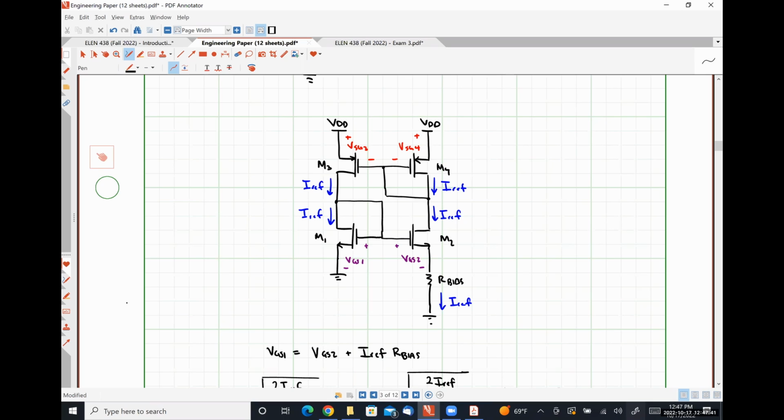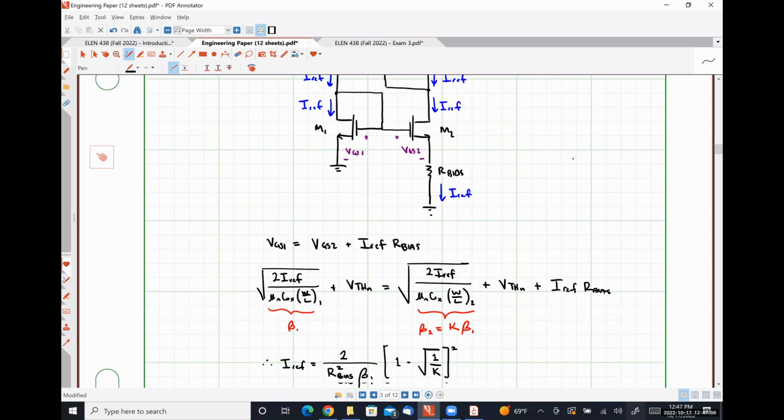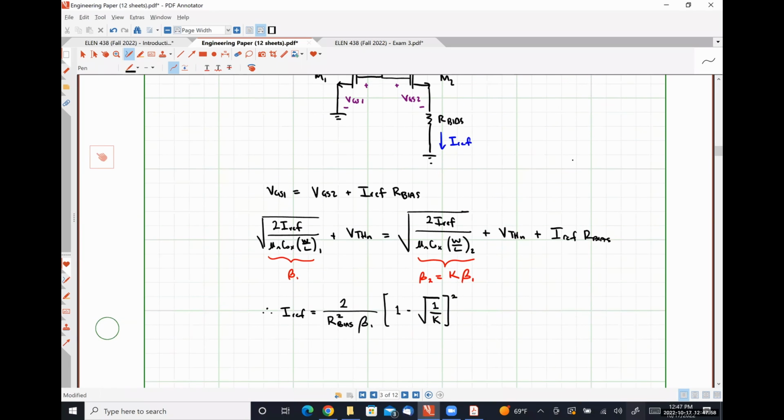So typically speaking, a K value of 4 is used for a couple of reasons. A, it's going to make that resistor R bias large enough to where this shouldn't happen. And B, the math is really easy, because that whole 1 minus the square root of 1 over K just comes out to be 1/2.